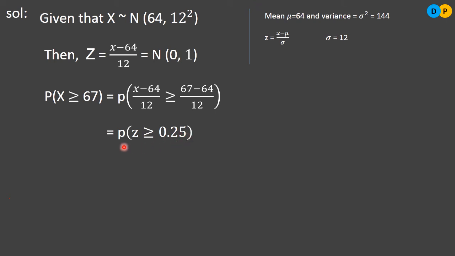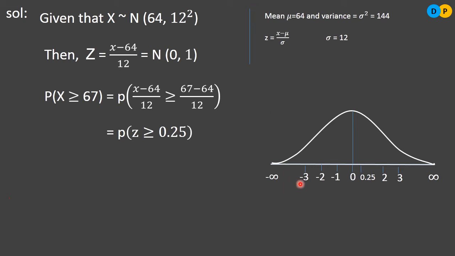So we need to find the probability of the standard normal variate z taking a value greater than or equal to 0.25. Nothing but I need to find the area from 0.25 to infinity.